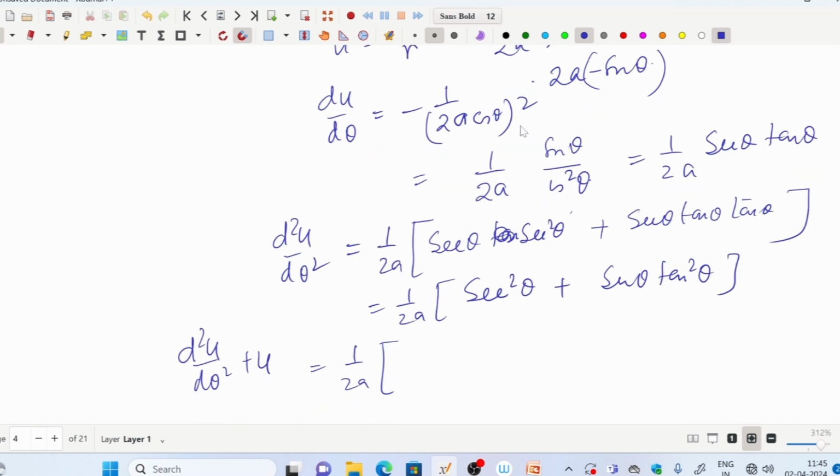So, it will be sec cube theta plus sec theta tan square theta plus sec theta.